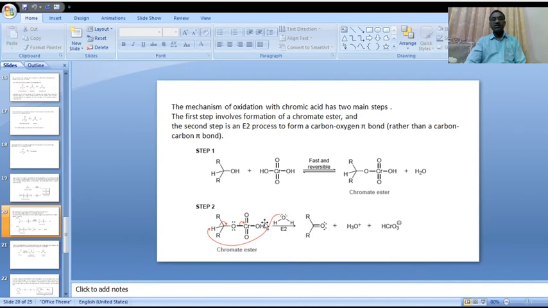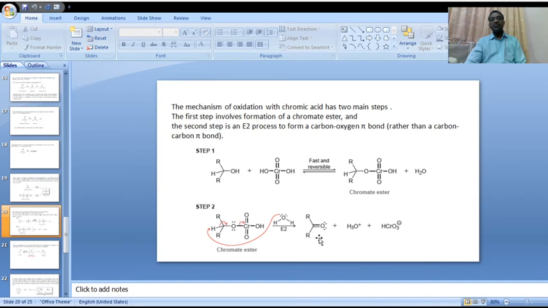The oxygen's lone pair of electrons is donated to abstract a hydrogen, with breakage of the chromium-oxygen bond, forming a double bond. Here R and C double bond O turns into a ketone.